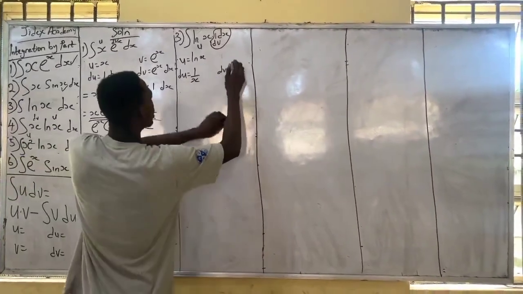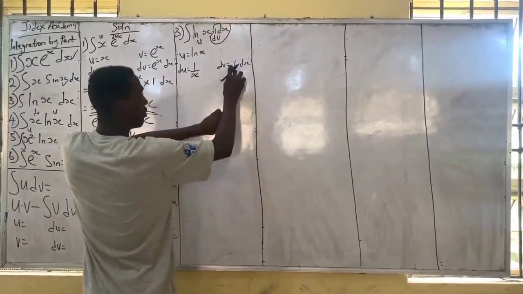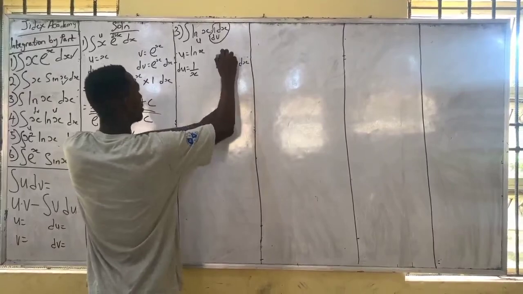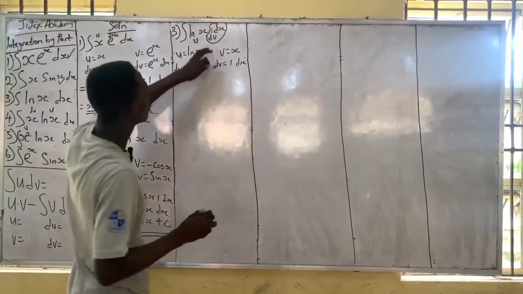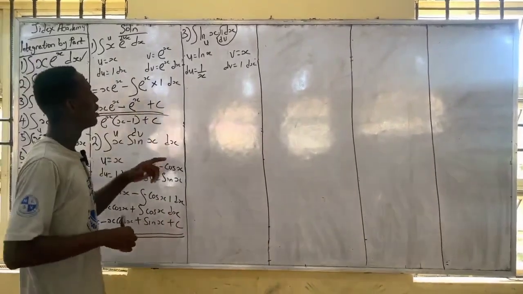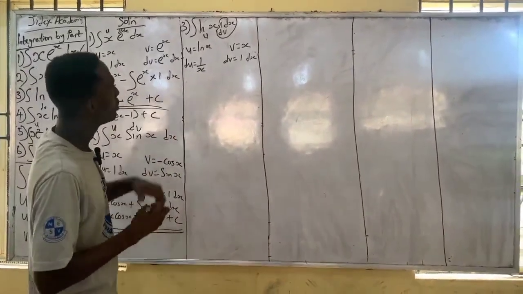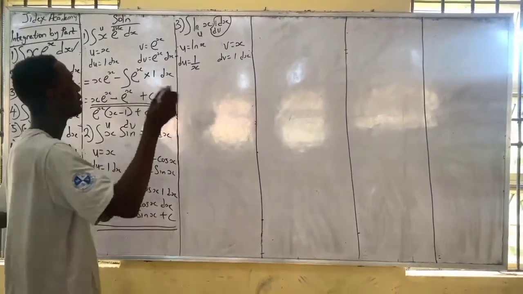Then our dv is equal to 1 dx, and if you find the antiderivative of this, it will give us x. All this is something we have done in our previous video, so it's something I assume you know already. If you don't, go and watch our previous video so you have a better understanding of it.